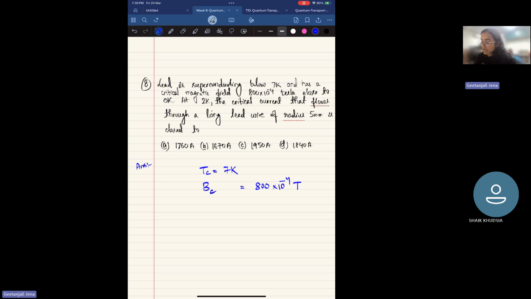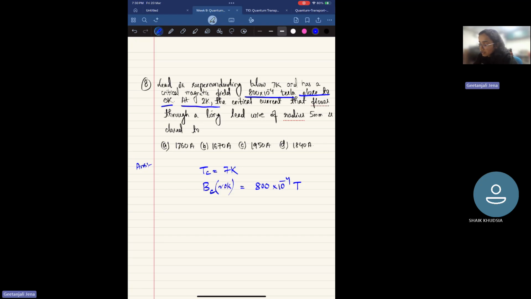Instead of Hc, we have Bc here because the unit of Hc is ampere per meter, and the unit of B is Tesla and Gauss. It is given for temperature close to 0 K.